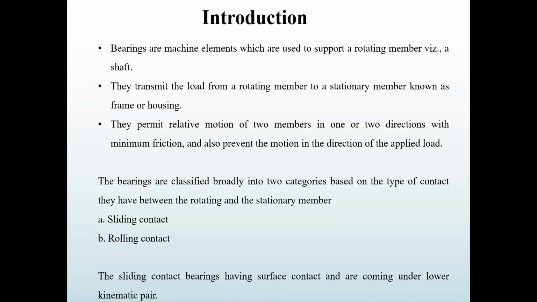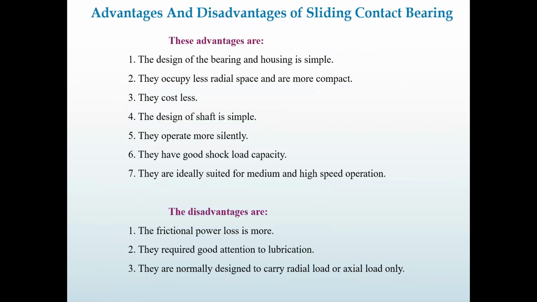The sliding contact bearing has surface contact and comes under the kinematic pairs. Now, if we consider these, they have some advantages and disadvantages over the other types of bearings. A few advantages are, from the design point of view, these bearings and the housing related to them are very simple in construction and can be easily designed.